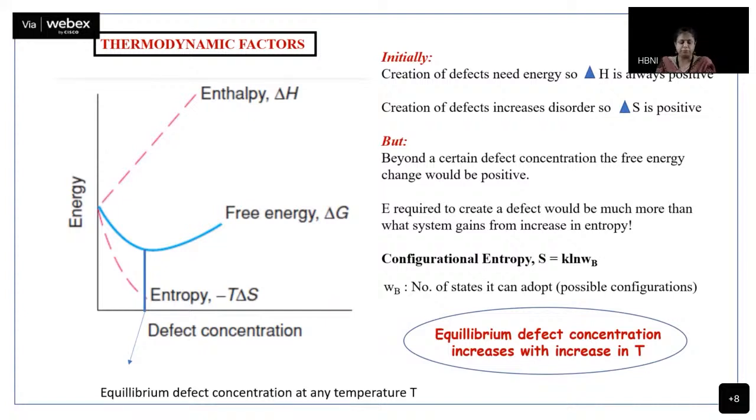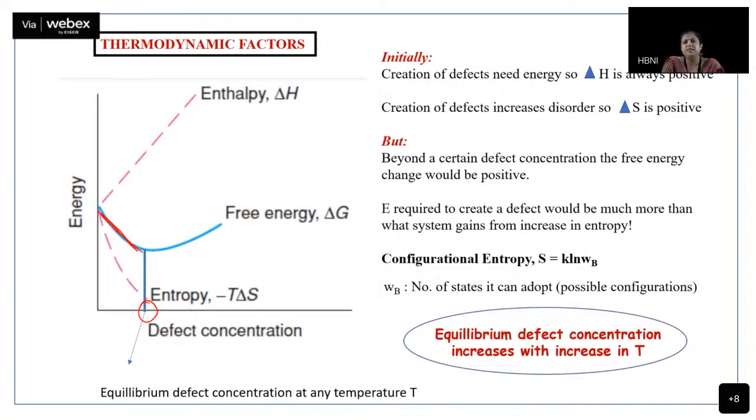Okay. But there would be some particular defect concentration where your delta H would have been equal to delta S, or let us say T delta S. So this is the reason, because of increase in entropy of the system, that leads to decrease in free energy.